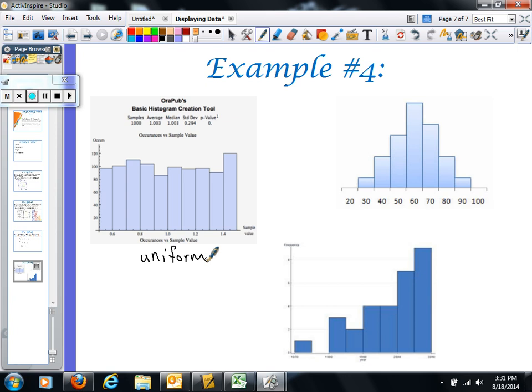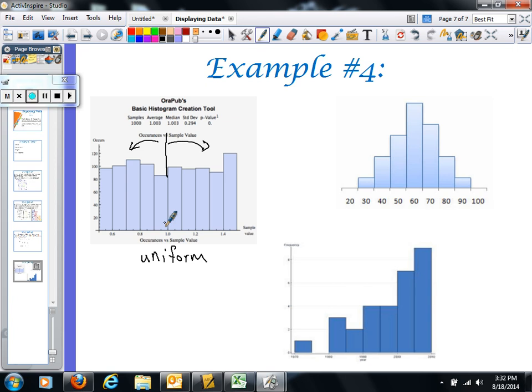You can notice that no matter where you pick as a middle point, even if I said, okay, right here's my middle, the left side and the right side are pretty uniform. You have one that's a little bit higher, one that's a little bit lower, but it's pretty uniform on both sides.